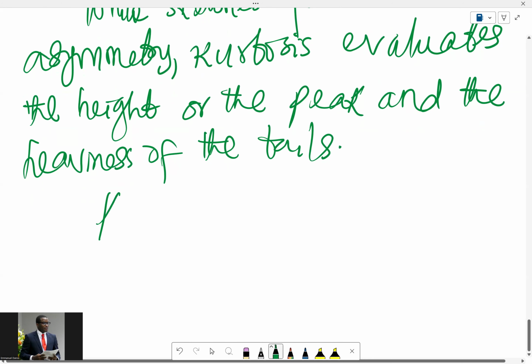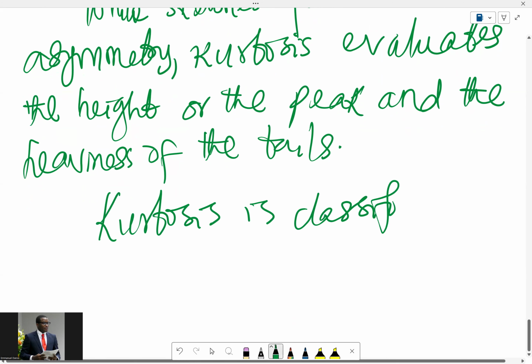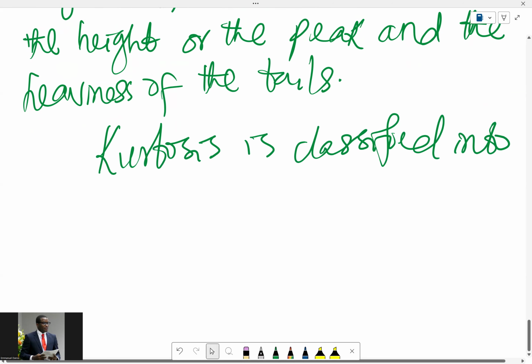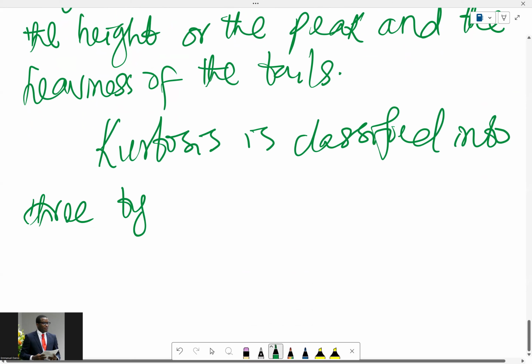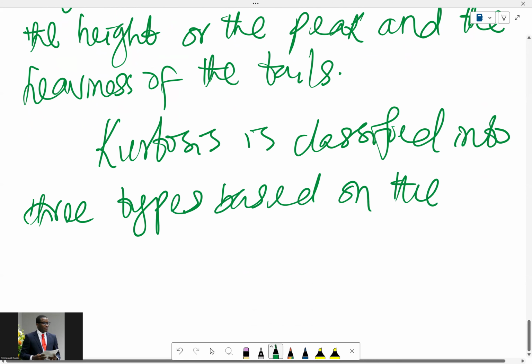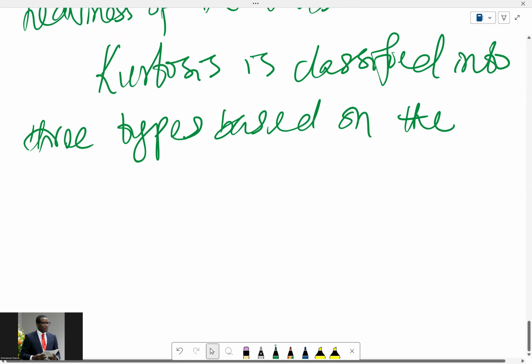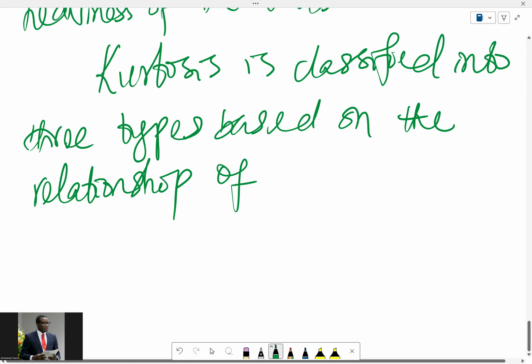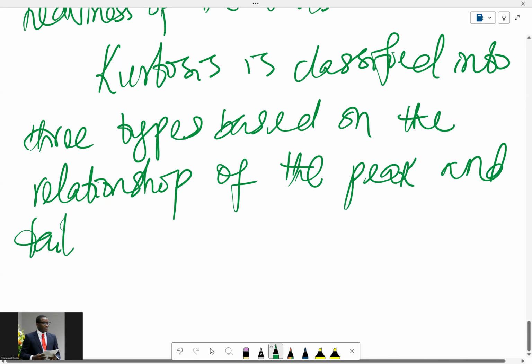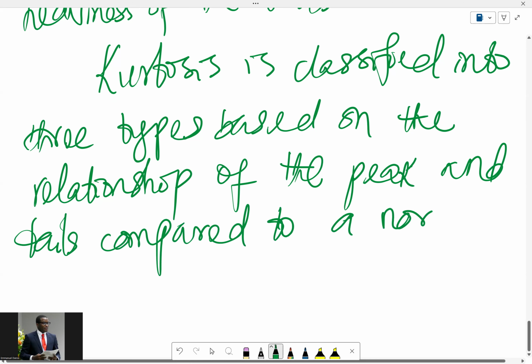Now, kurtosis is classified into three types, based on the relationship of the peak and tails compared to a normal distribution.